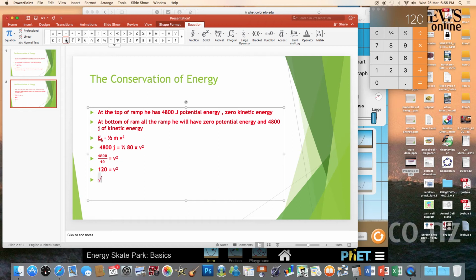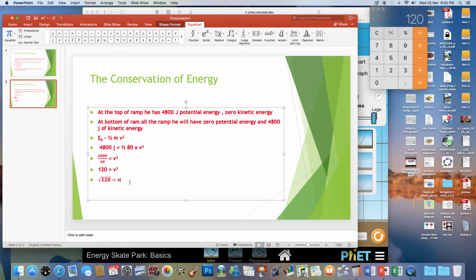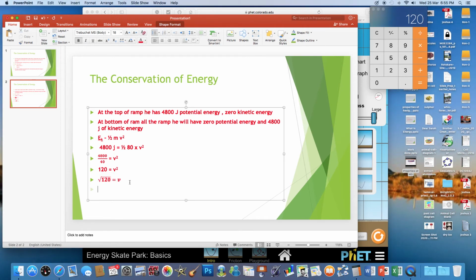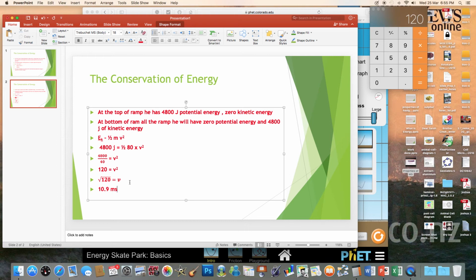So the square root of 120 is going to equal V, and that would be just under 11 actually, because 11 11s would be 121, so this would be 10.9 meters per second, thereabouts.